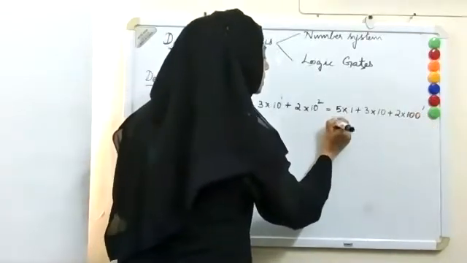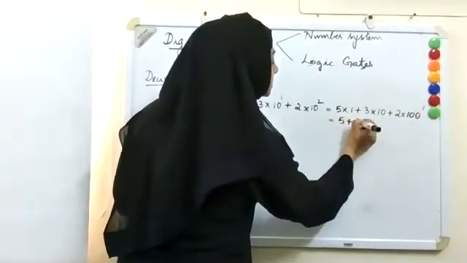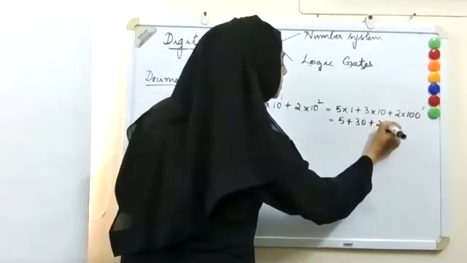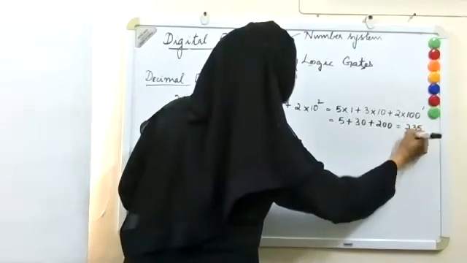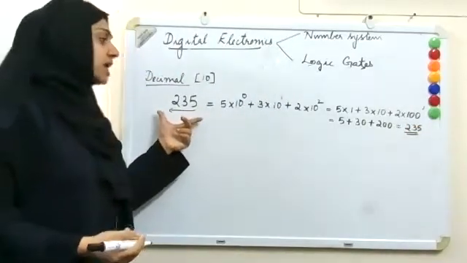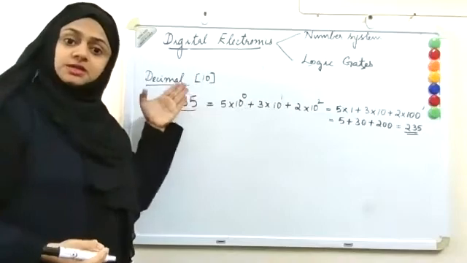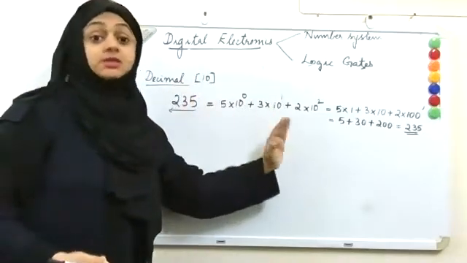So this is equal to 5 plus 30 plus 200, which will give you 235. This is how we can express a number in the decimal system without a decimal place.